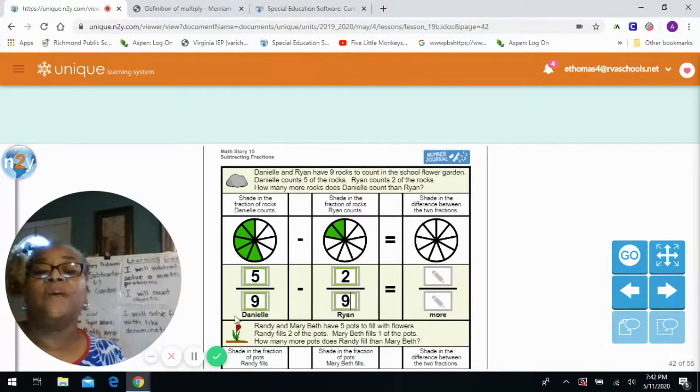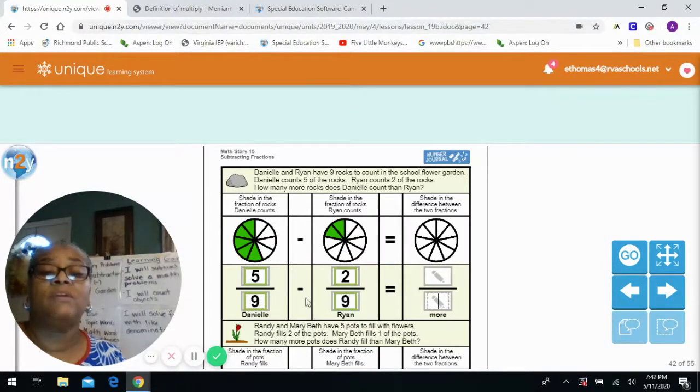Okay. So now we have to do what? Are we adding or subtracting? We are subtracting. So we're going to do 5, take away 2. So if you take 2 of these away, then you'll have what? So we have our 9.